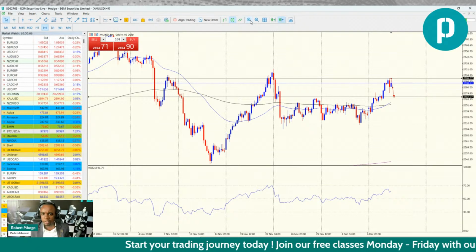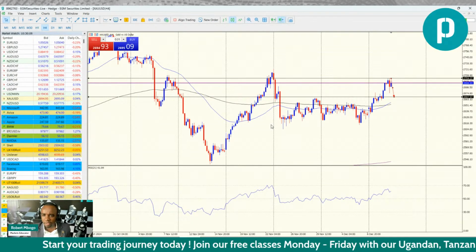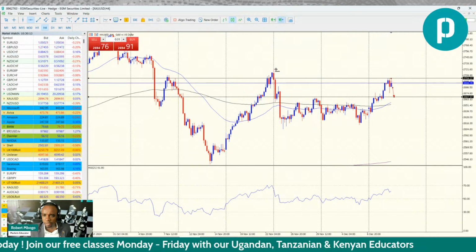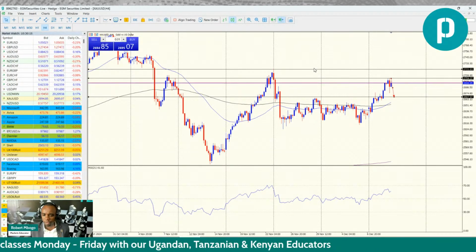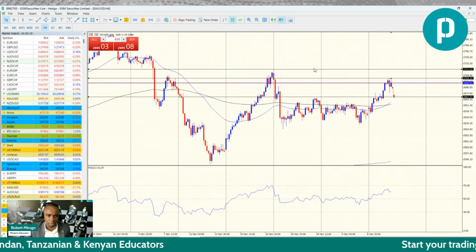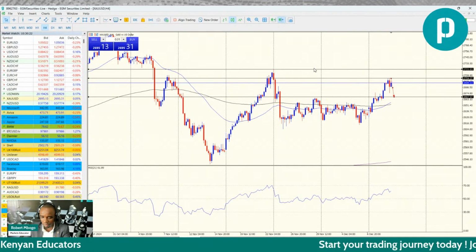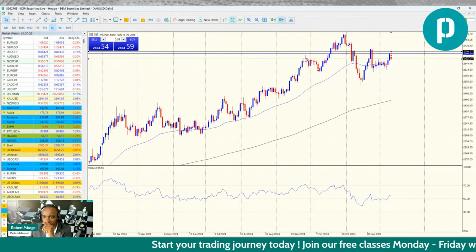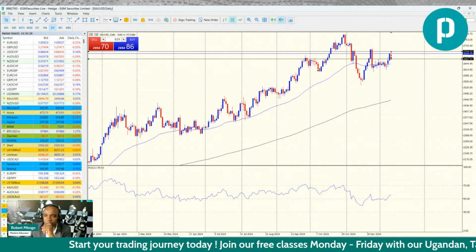Alternatively, last month's high, right? Gold could also go to test last month's high, the high of November. Is that the high of November, really? Nope, that's not the high of November. The high of November is actually here.